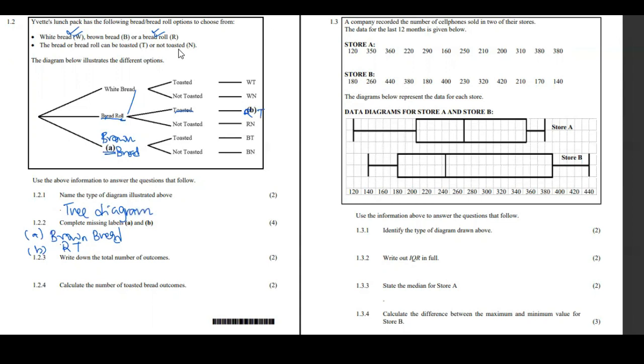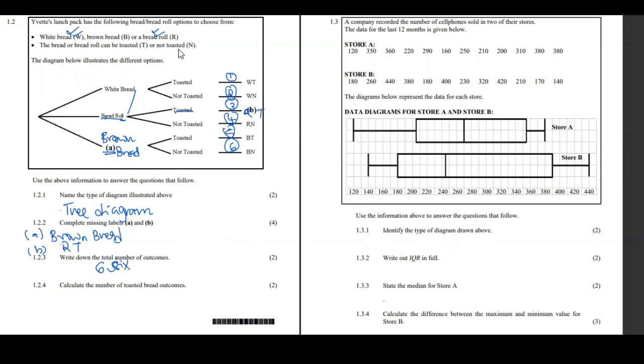All right, write down the total number of outcomes. So now we shall come here and count them. We have 1, 2, 3, 4, 5, and 6. So we have 6 possible outcomes. Calculate the number of toast bread outcomes.